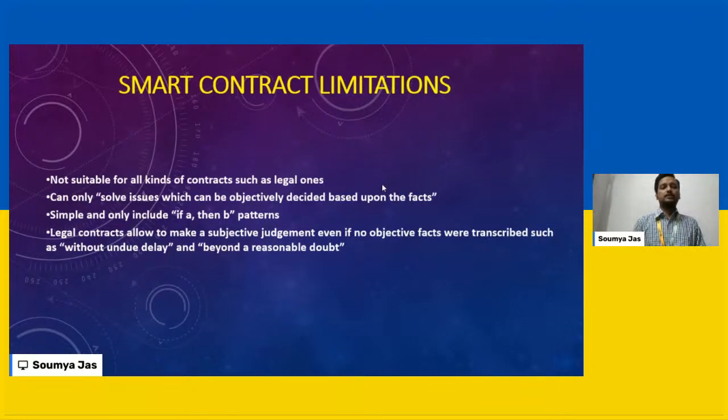Some legal contracts require objective judgment, where no objective facts are described, such as without undue delay or reasonable time. So these are the limitations of the smart contract.